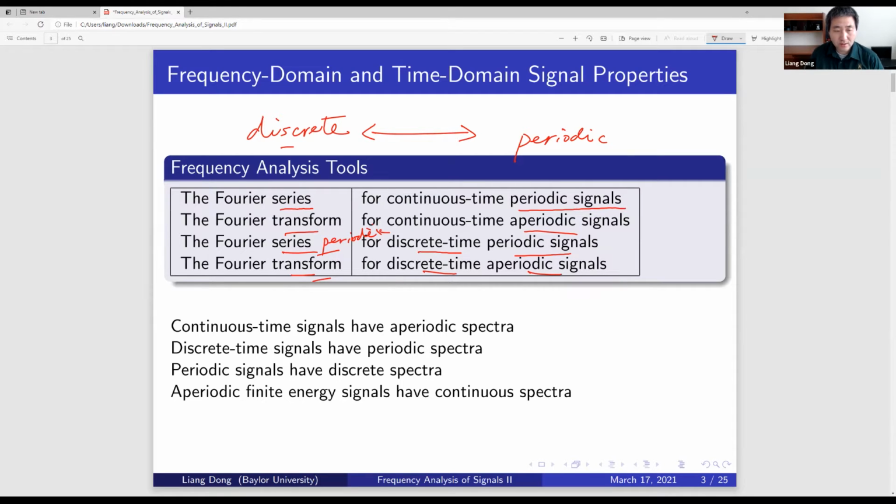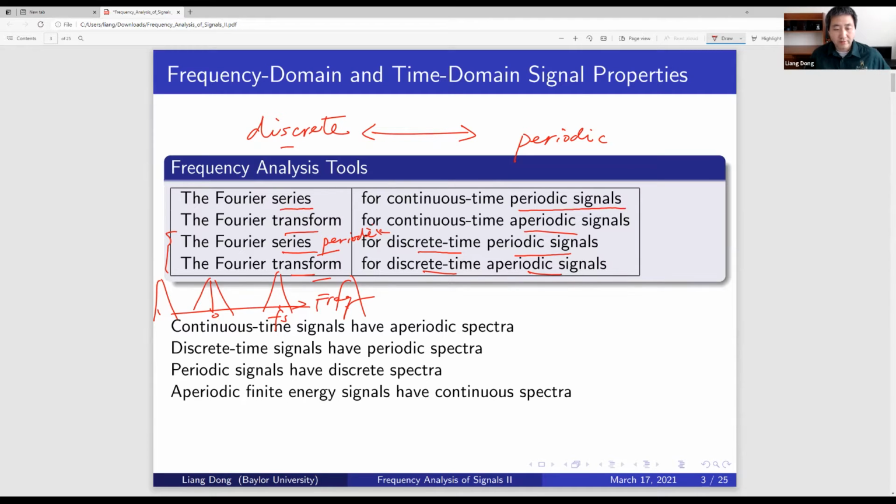So in these two cases, the frequency domain should be periodic. We have something around 0, and another copy around Fs, where Fs stands for sampling frequency, and we have 2Fs, negative Fs, and so on. It's periodic.